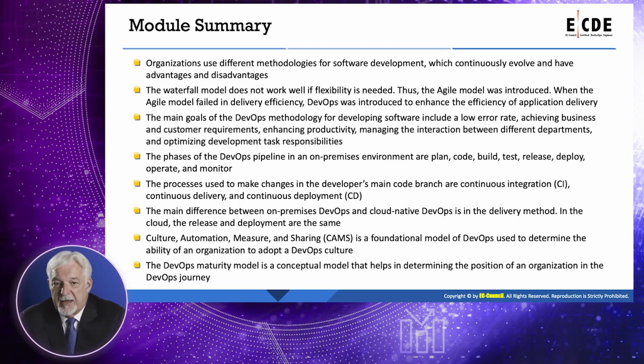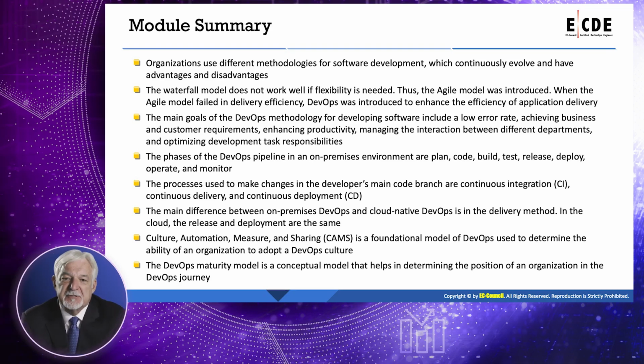The main goals of the DevOps methodology for developing software include a low error rate, achieving business needs and customer requirements, enhancing productivity, managing the interaction between different departments, and optimizing development task responsibilities. The phases of the DevOps pipeline in an on-premises environment are plan, code, build, test, release, deploy, operate, and monitor.